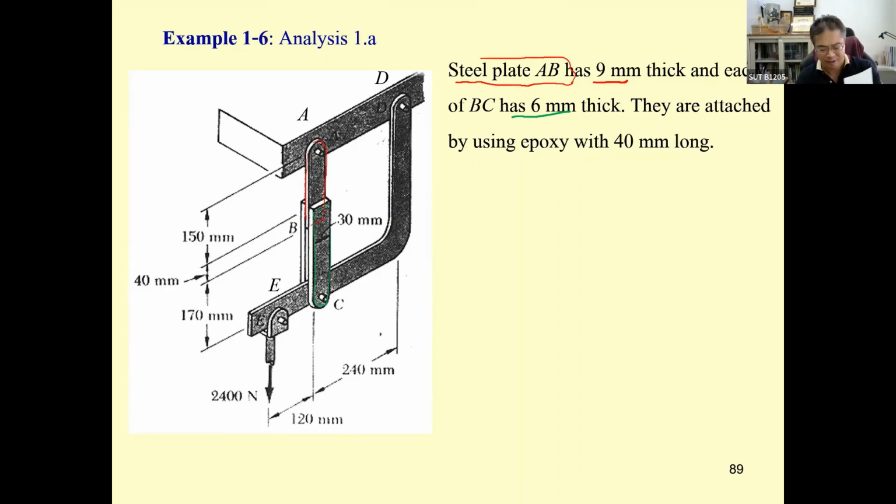This one is for the AB, 9 millimeter thick. This one is going to be 6 millimeter thick. And then they are not connected by the bolt, but supposed to be something like this. They are connected by the screw, screwing each other, for 40 millimeter. They are screwed together in this area.